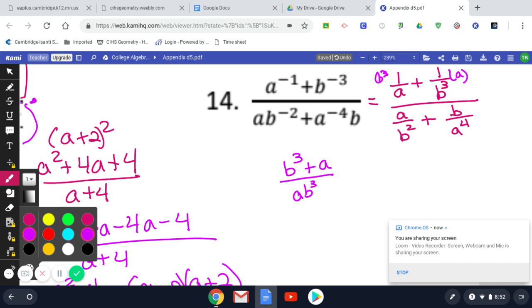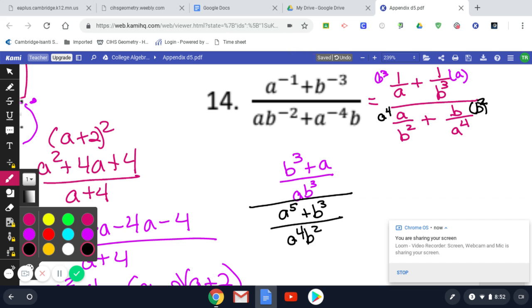That's my numerator. On my denominator, I need this one to be multiplied by b squared, and then I need this one to be multiplied by a to the fourth. So then I have on my denominator a to the fifth plus b to the third over a to the fourth b squared.